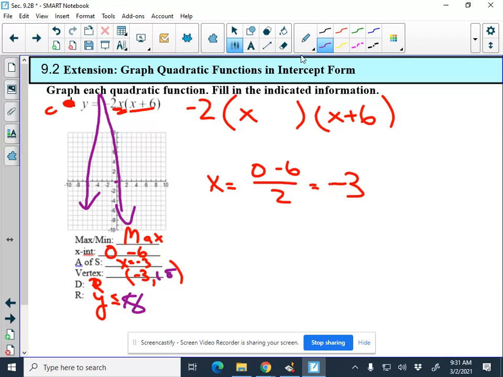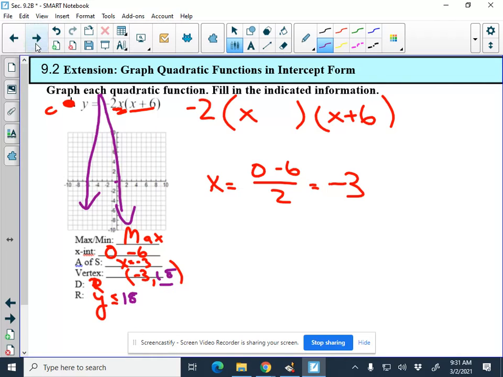That's supposed to be, sorry, we got a little sloppy writing with the mouse. We'll fix it. Y is less than or equal to 18. That's an 18. Right there and there. Those are the same. All right, are we good?